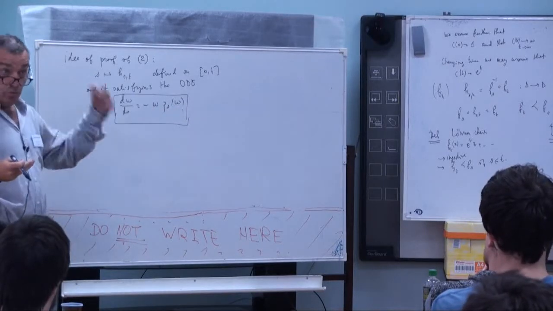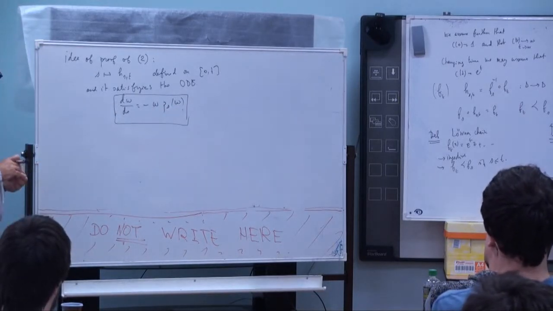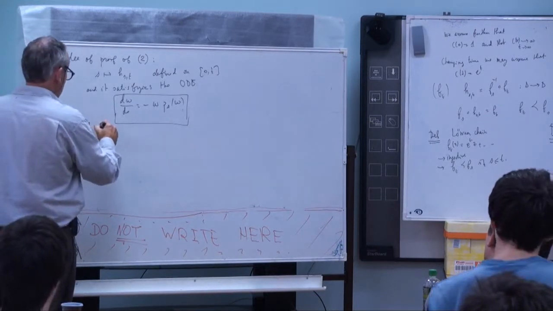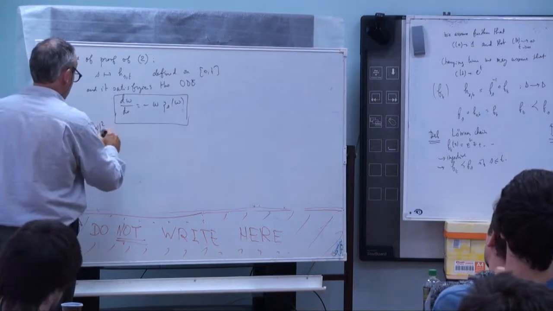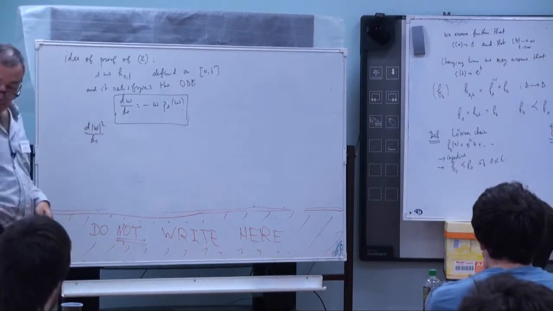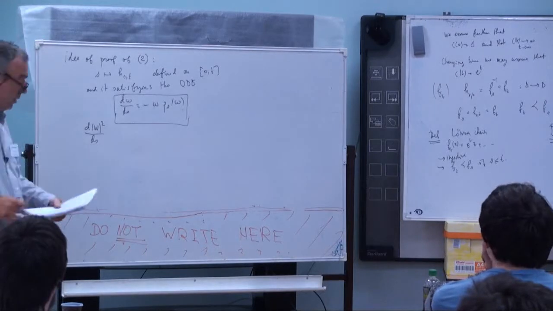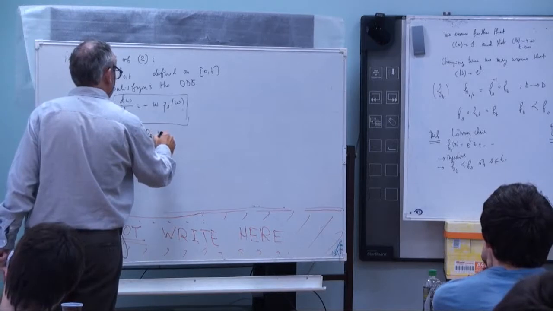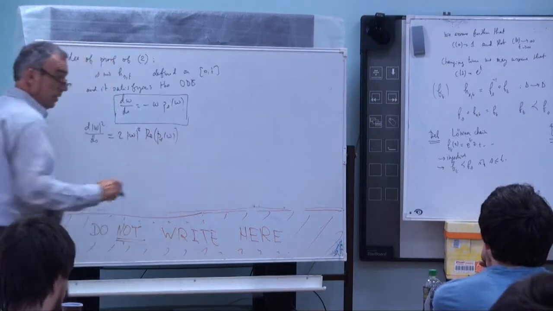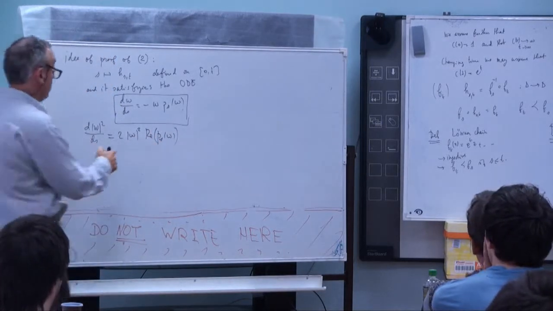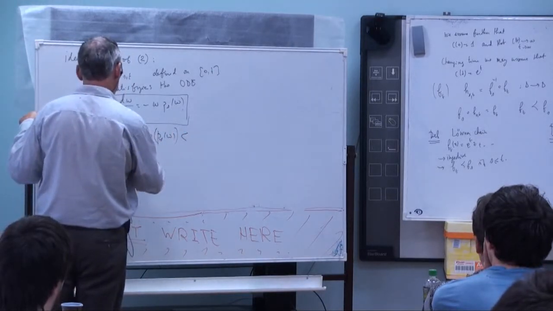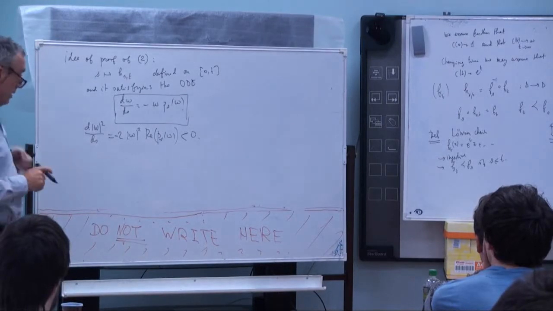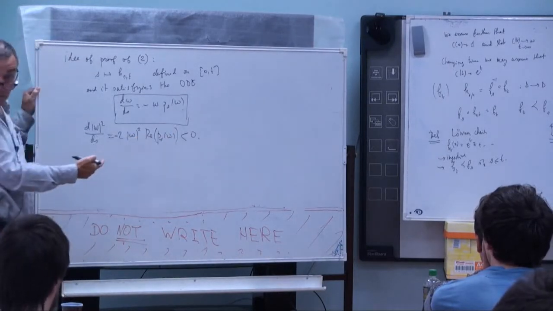To prove that actually it does, we use the fact that if you look at d modulus of omega squared over ds and compute it, you get minus 2 modulus of omega squared, real part of p_s of omega. And this is negative, because the real part of p_s is positive, of course.